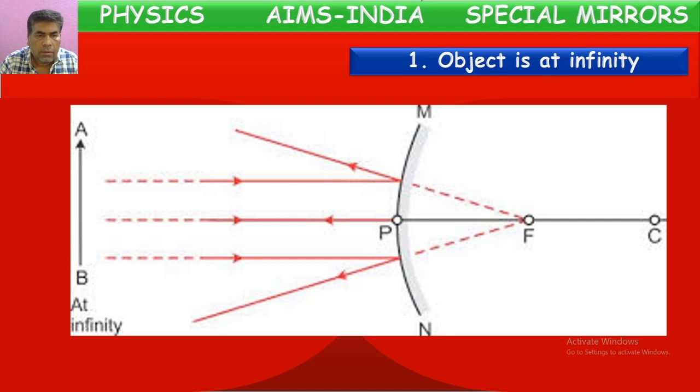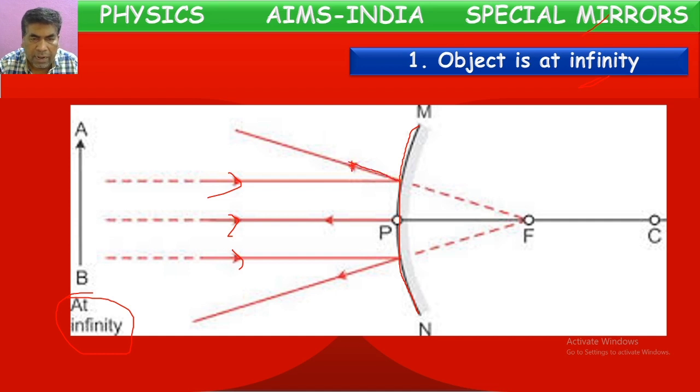First, when the object is at infinity, the convex mirror's curved outward part acts like a reflecting surface, or we can call it a diverging mirror. Because the object is at infinity, all parallel rays will touch the mirror.